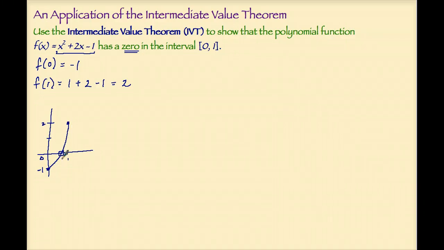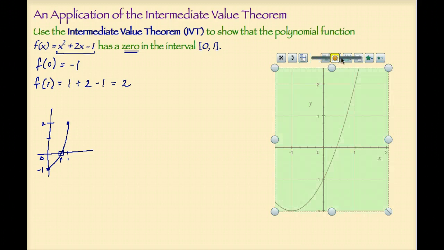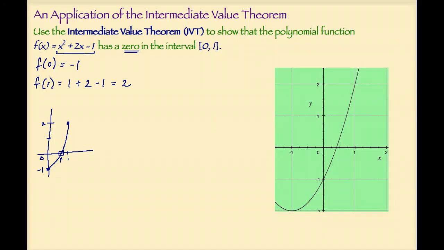So there is an x value guaranteed to us that is generating a 0 between 0 and 1 on the x-axis. We don't necessarily know what it is, but we know that it exists. That's why this theorem, the intermediate value theorem, is known as an existence theorem. Here is the actual graph of this function, and we can see that it verifies our results.